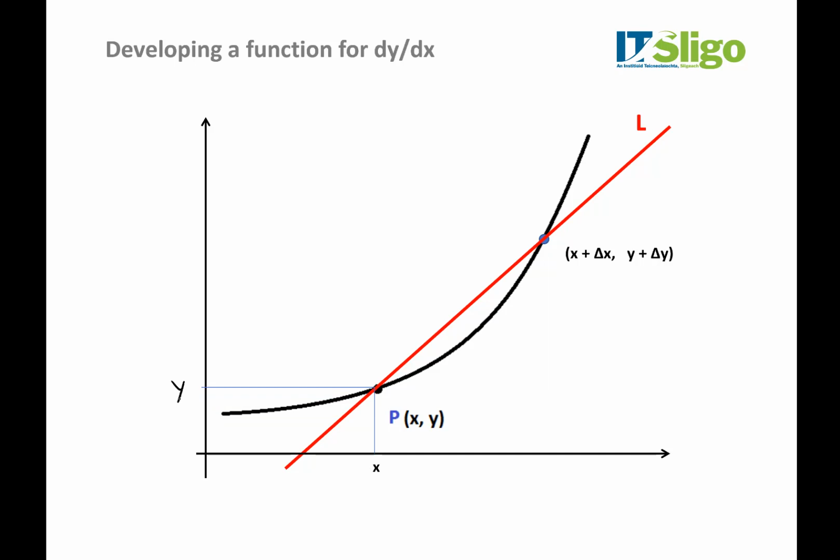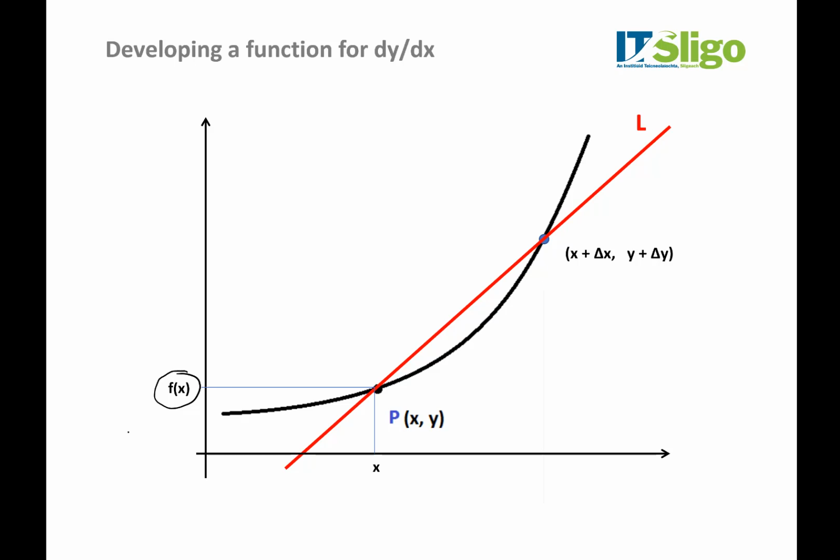So first of all, we identified a point xy. But instead of calling it y, remember we can use the more general notation and say, well, the position y depends on x. It's a function in x.